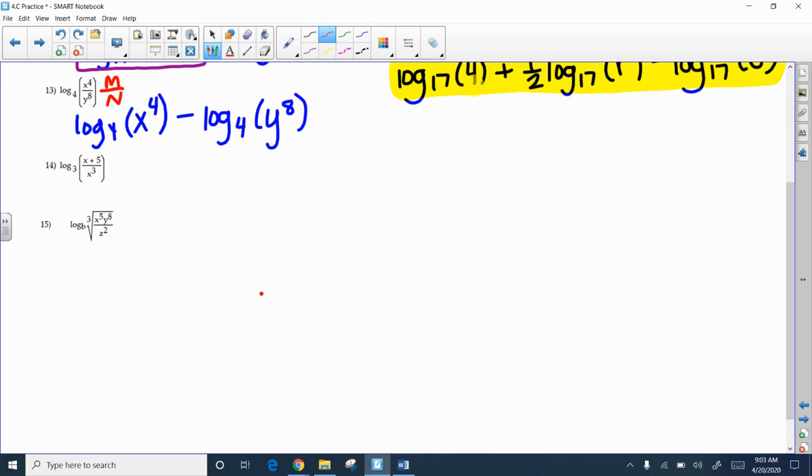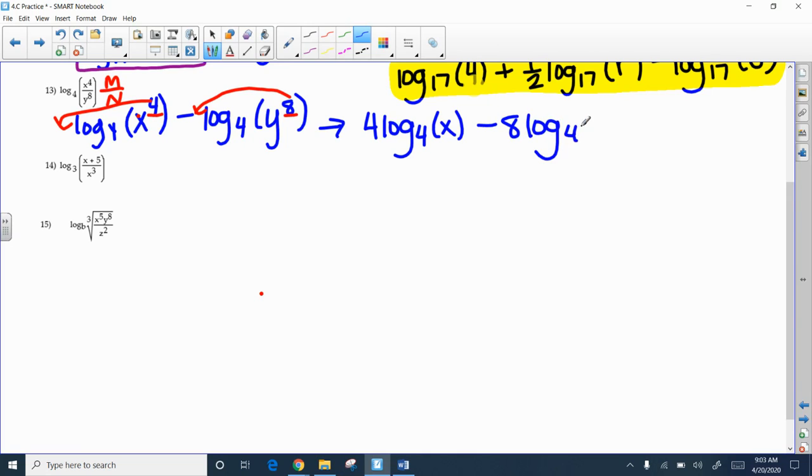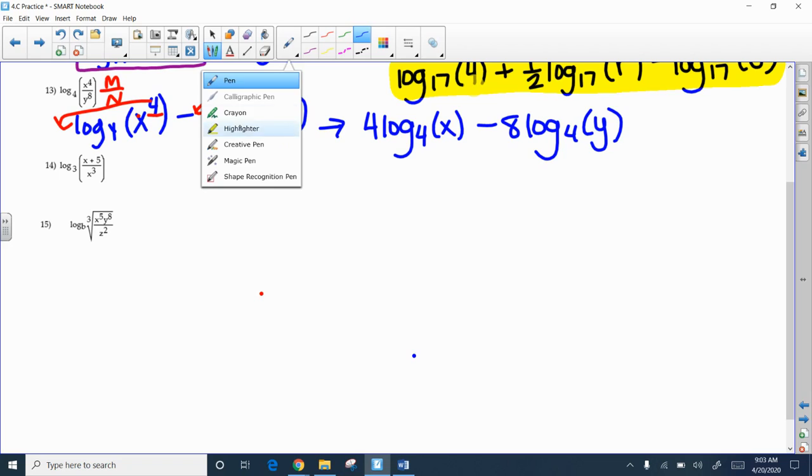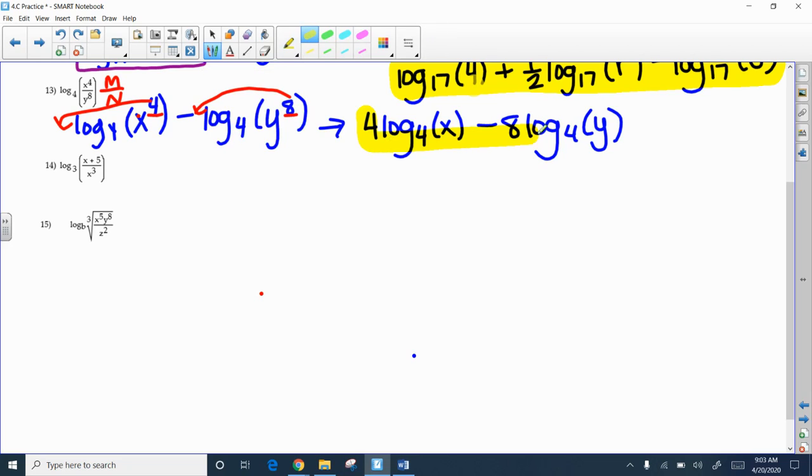Now, I'm not done yet because I still have powers. So now both of these have a power. So this 4 can move to the front of this expression, and this 8 can move to the front of this expression. So now when I rewrite it, I'm going to have 4 log base 4 of x minus 8 log base 4 of y. Now x and y are by themselves, and this is my expanded expression.